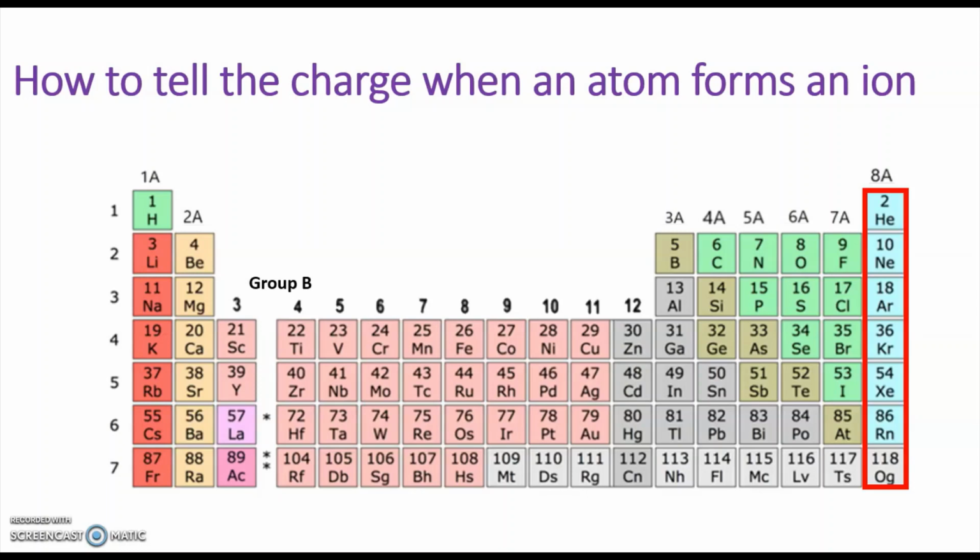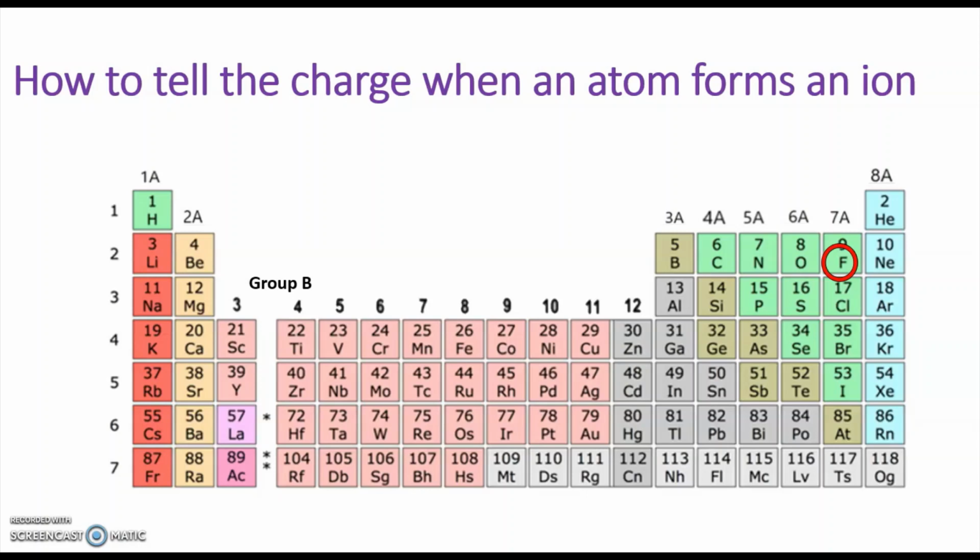So the elements are going to do pretty much anything they can to lose or gain electrons to get to be like the noble gases, to get to have a stable noble gas configuration. Now, they're not becoming noble gases, they're just having the electron configuration of a noble gas.